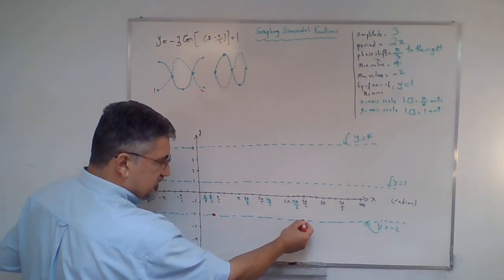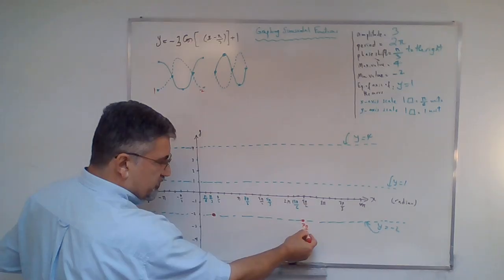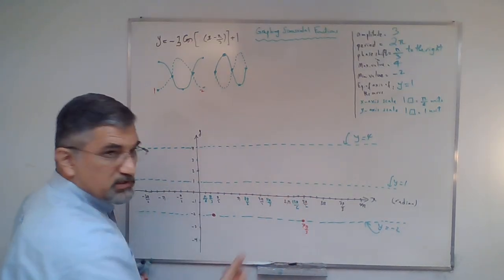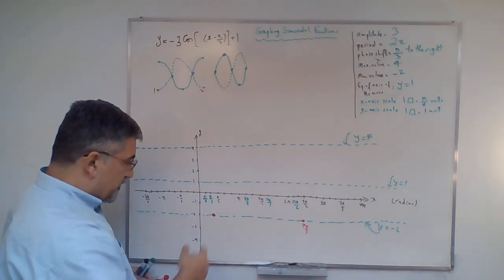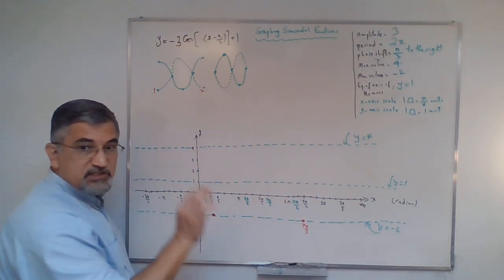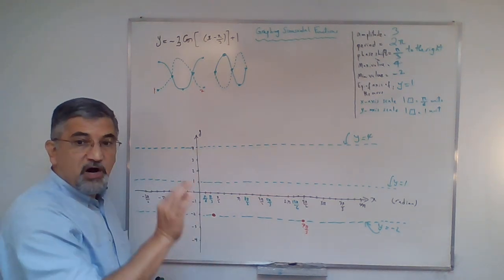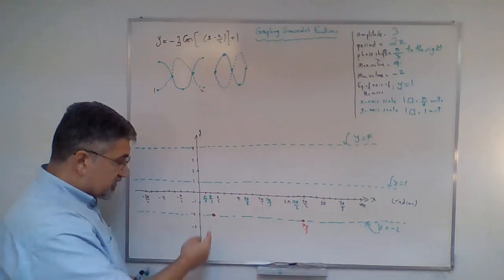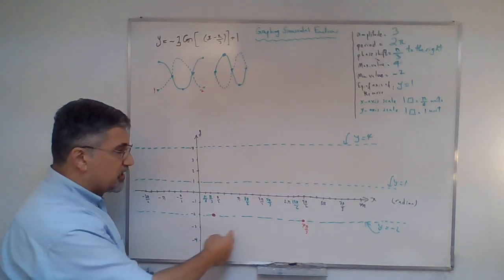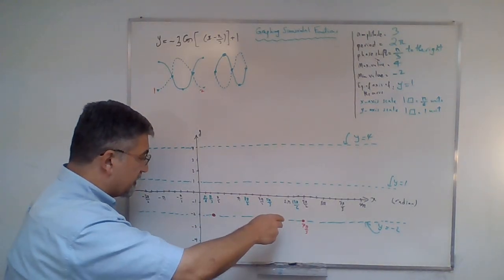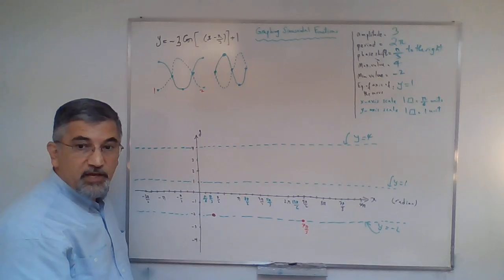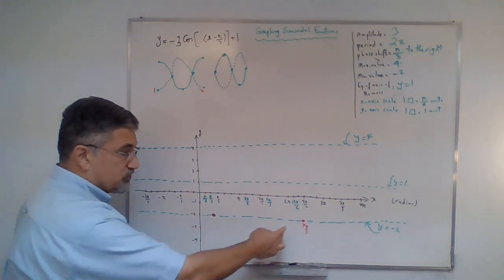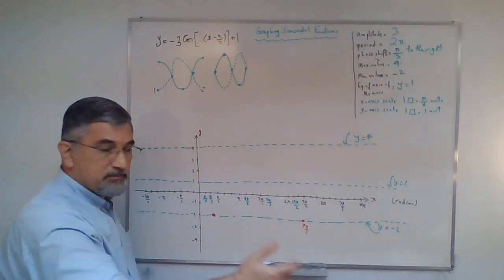So this is exactly 7 pi/3, 2 tick marks after 2 pi. From here to here is exactly 2 pi units, as it should be because the period is 2 pi. I started at pi over 3 and ended up at 7 pi over 3, which is 2 pi plus pi over 3.